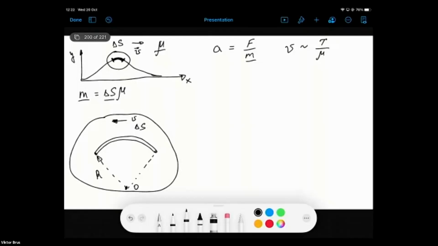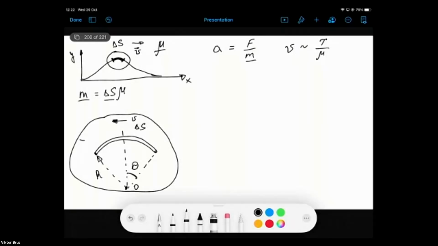Now, let us draw here a vertical line, and we can claim that this angle is theta.